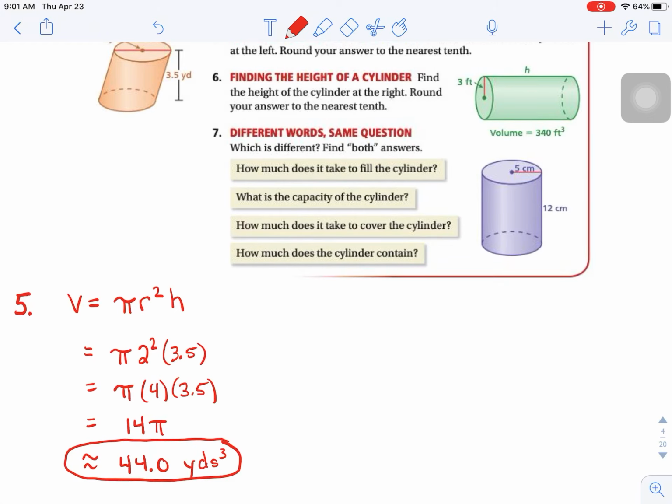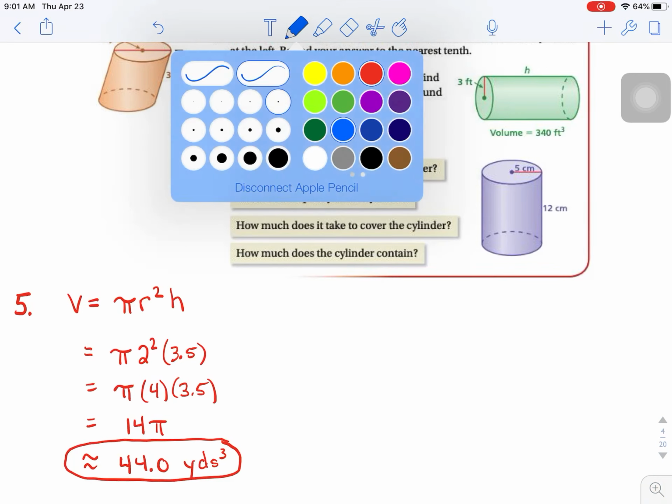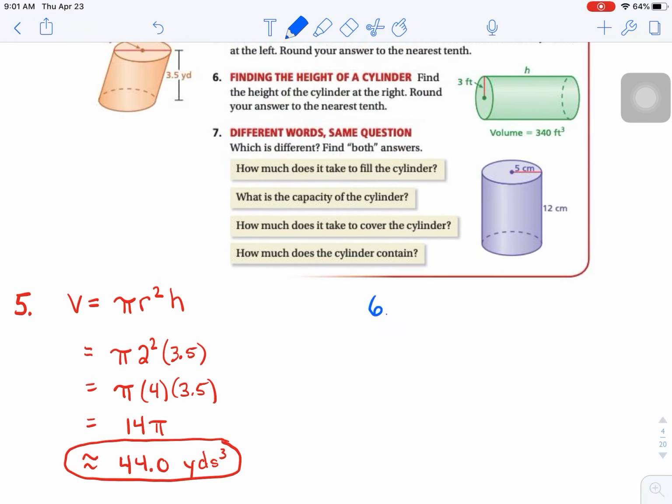All right, looking at question 6. Okay, question 6 is similar, but they want us to find the height of the cylinder. So again, we're starting with our formula. Volume equals pi r squared h. Here they told me the volume was 340. My radius was 3, and I don't know the height.